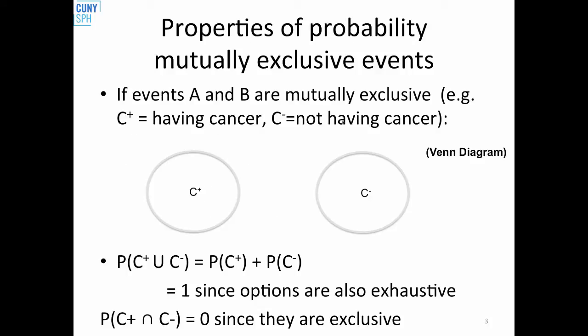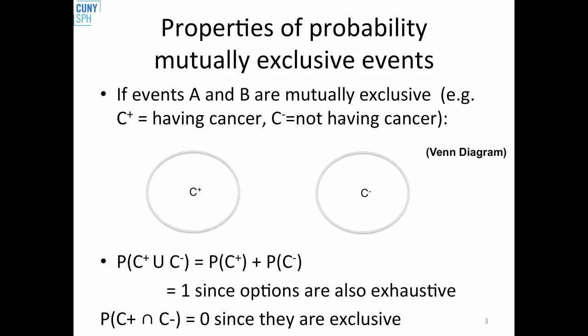Recall properties of probability, starting with mutually exclusive events. If A and B are mutually exclusive, then it means that you can have one or the other, but not both. For example, having cancer or not having cancer: you either have it or you don't.